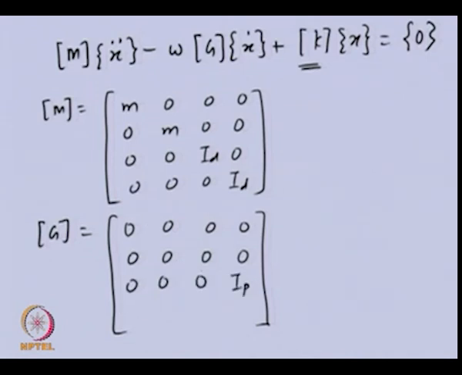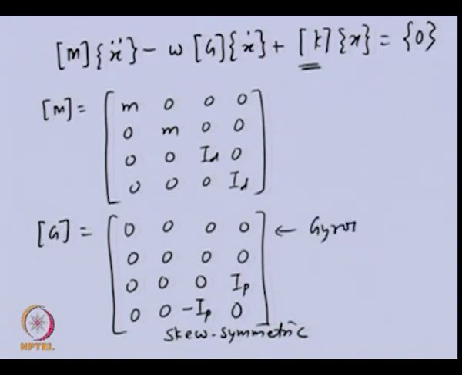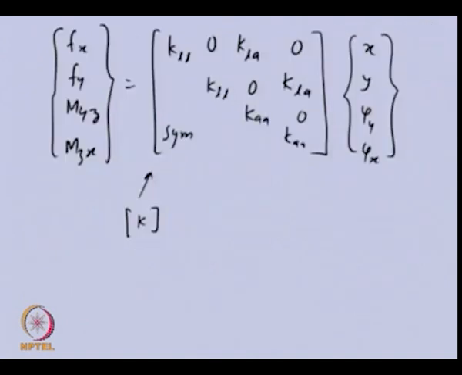This is Ip, 0, 0, minus Ip, 0. So, basically this matrix is skew symmetric. This is the gyroscopic matrix. This is the mass matrix. This is the stiffness matrix.